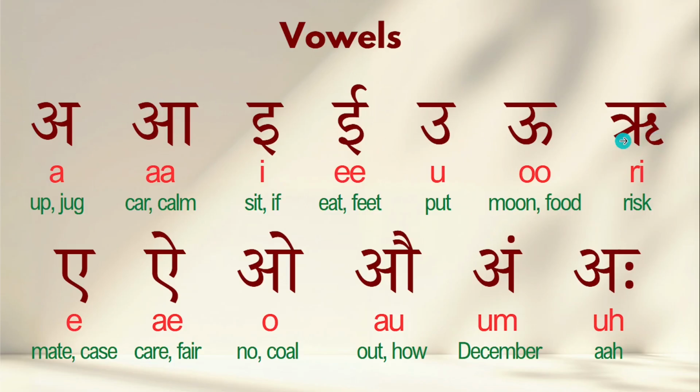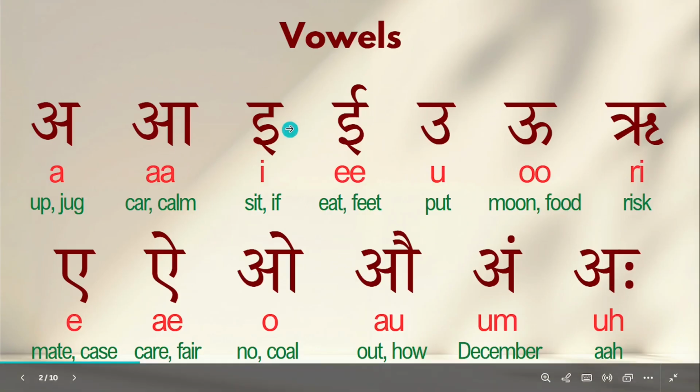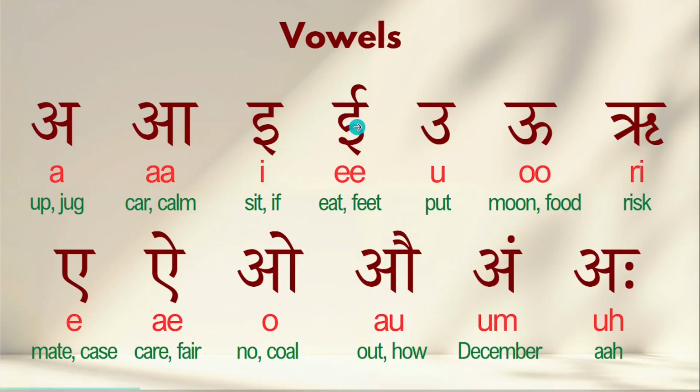Actually, for all of them, these can be used on their own, or they can be used as an additional sound with the consonants. And in those words they won't be in this form, but we'll look at that later on. Just for today, it's just the sounds, as I said. So this is ri, which is in risk, or rim, things like that.